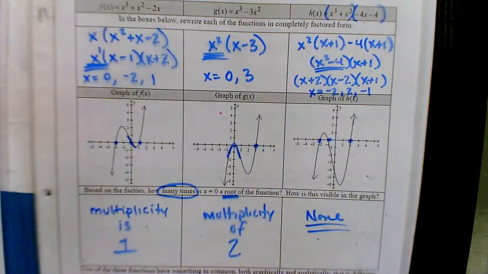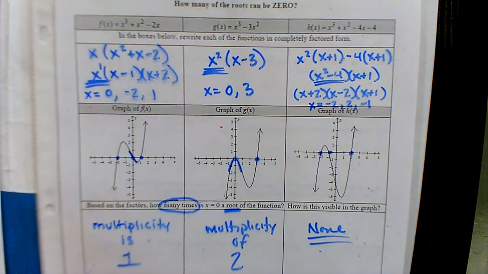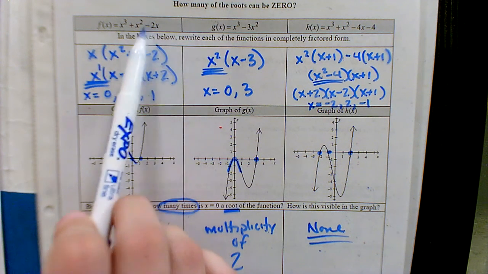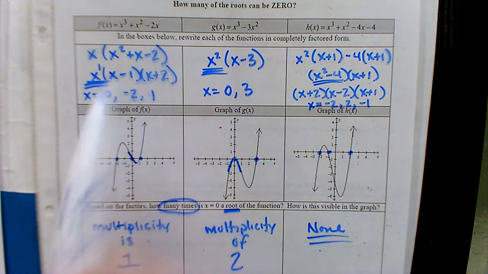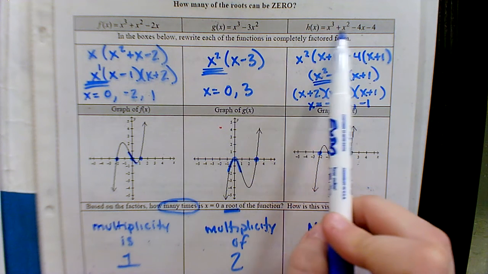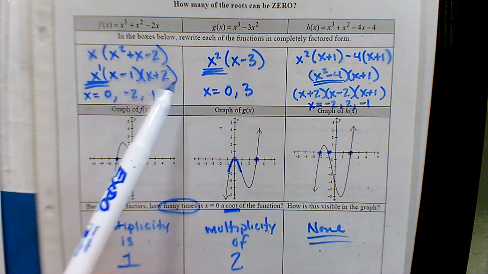Okay, so maybe take a look at the equations at the top. Do you notice anything different about these 2 equations we had here that had a 0 as an x-intercept versus this equation that we said didn't? Yes? The 2 that got the 0 you can factor.